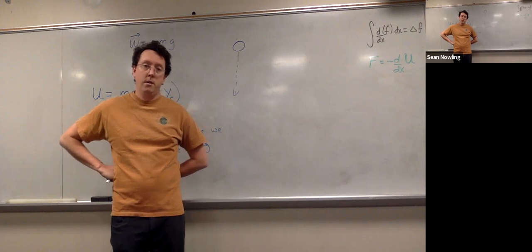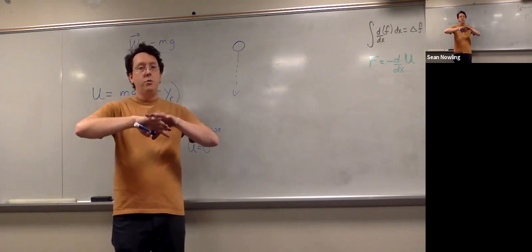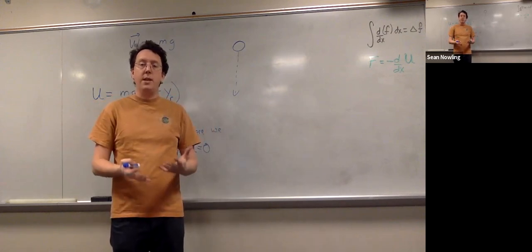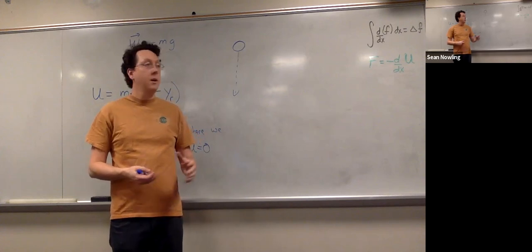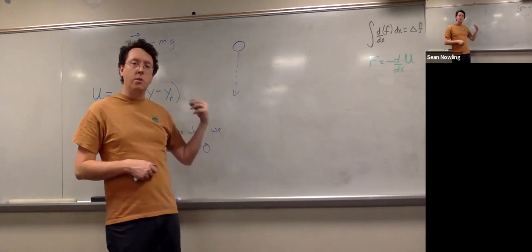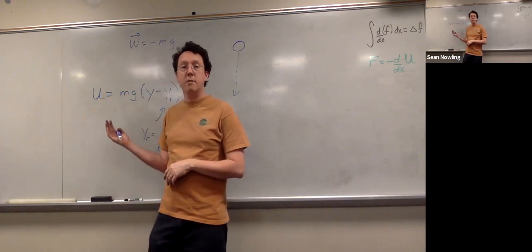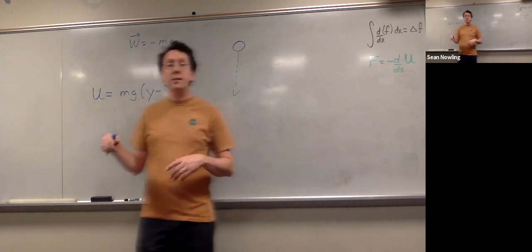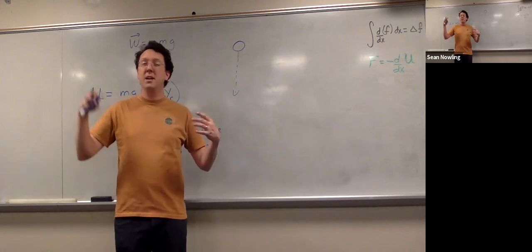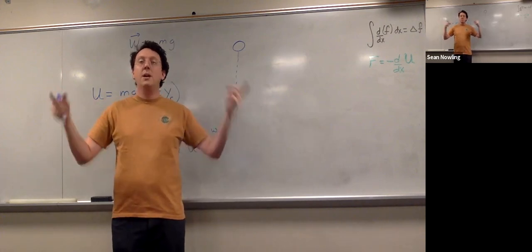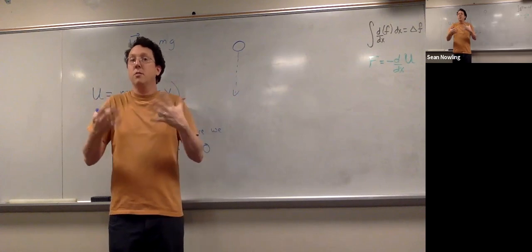Or we can choose to include gravity in the system, in which case we don't think about the work due to gravity. We think about the potential energy of gravity that's stored in the system. So the idea would be you make the system be the earth plus the ball plus their internal interactions.